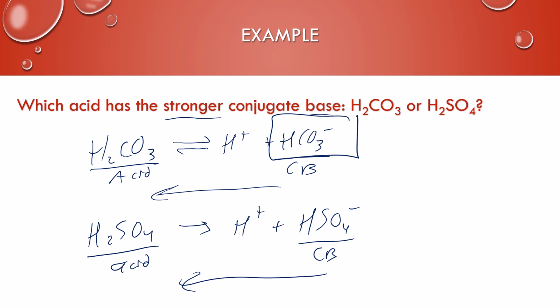Whereas with the sulfuric acid, a strong acid, you don't really see that happening at all, where the HSO4 minus is going back to the hydrogen and reforming the original acid. So in this case, the H2CO3 has the stronger conjugate base. And so a good rule of thumb is that the weaker the acid, the stronger its conjugate base. The weaker the base, the stronger its conjugate acid.